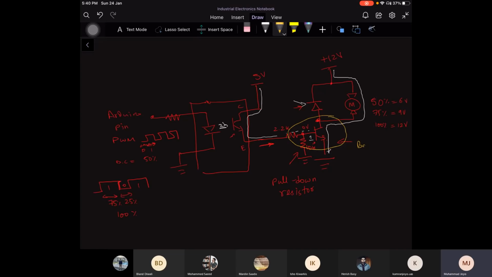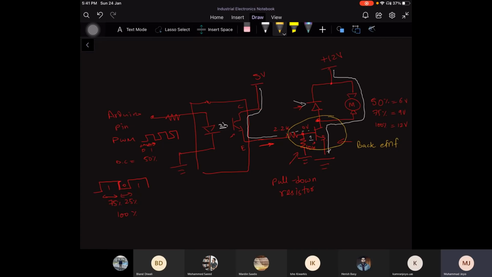Back EMF occurs because the motor is an inductive load. Whenever you provide power to an inductive load, it creates some electromotive force inside it, which can damage your transistor or your back circuit.